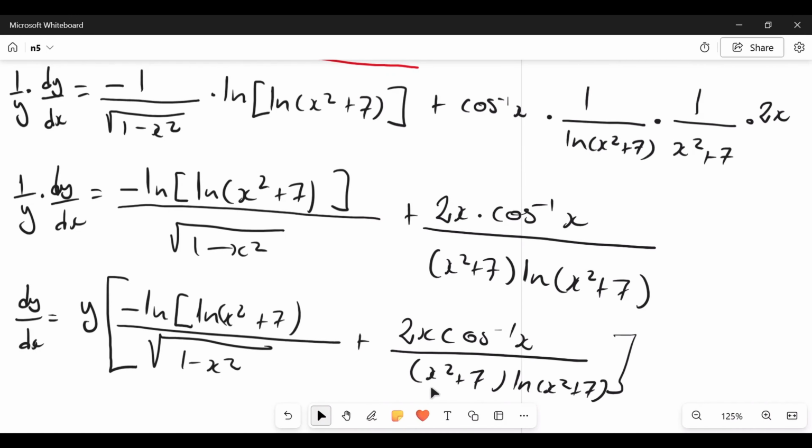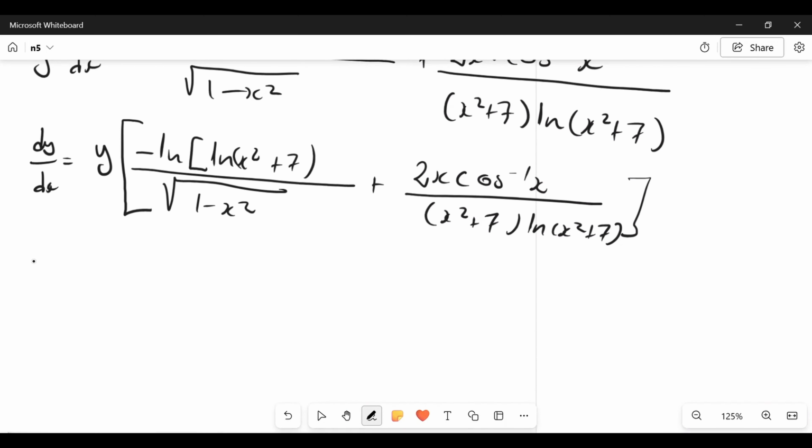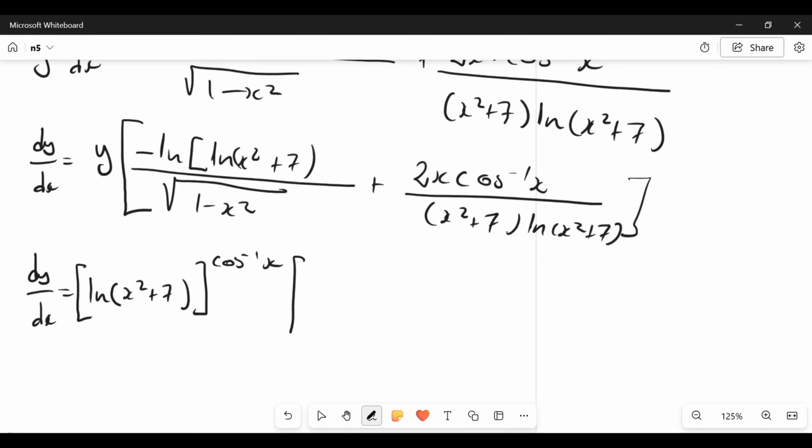Right, let me create space again so that we can write the full answer. All right, so our final answer is going to be dy over dx. Remember, y from the equation was equal to ln(x squared plus 7) to the power of arc cos x. But let's not forget, we have to multiply by everything here. This here is actually y, so we just equate it to the original equation.